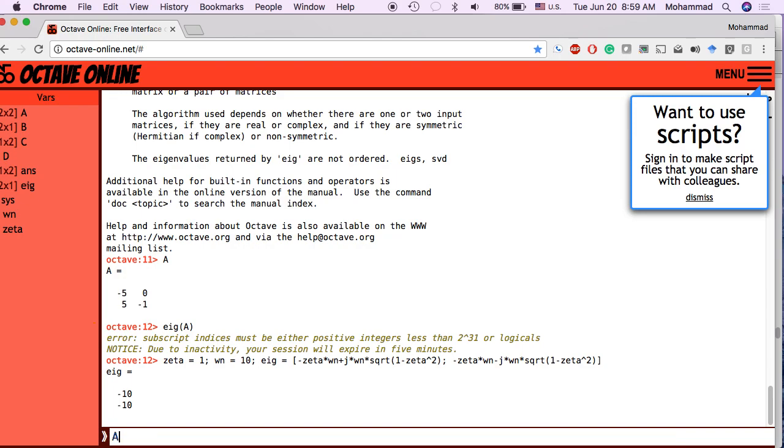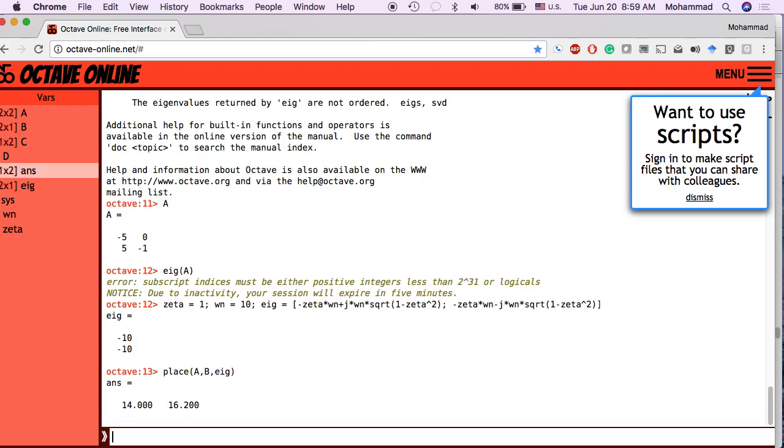We are now going to use the command place to calculate the controller gains K1 and K2 that would place the eigenvalues of the closed loop at -10, -10. And that is 14 and 16.2. You can then go to your Simulink and change K1 to 14 and K2 to 16.2 and re-simulate.